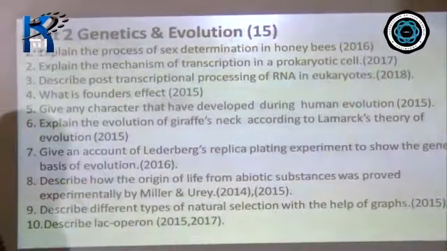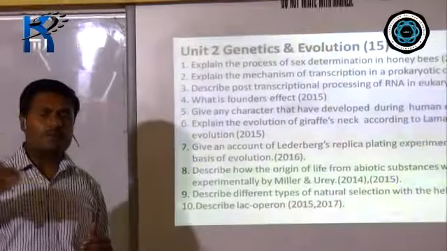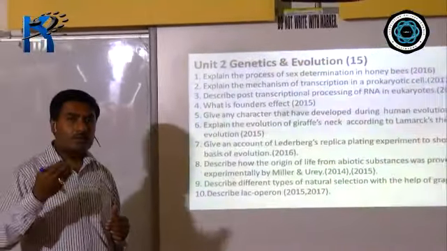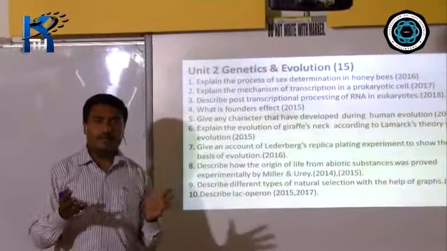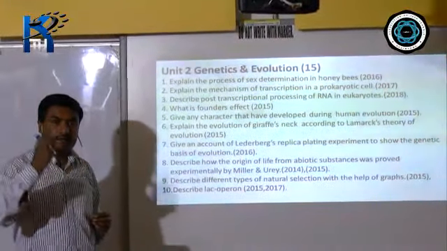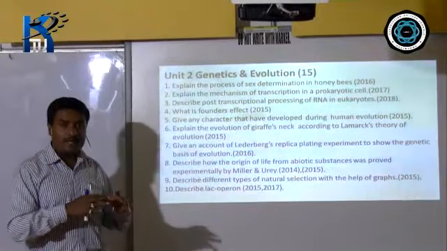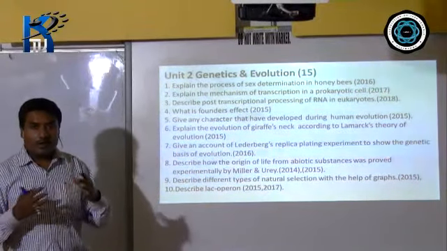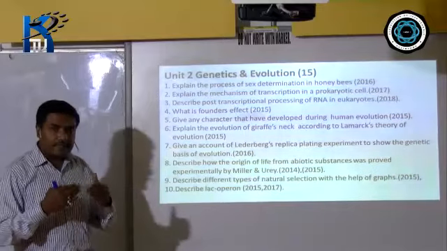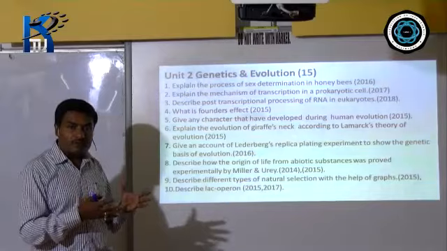Slowly, as time passed by, environmental factors and many other factors came in. There are many evidences given by scientists and research scholars regarding the elongation of the neck of a giraffe, what factors favored and what factors did not favor, and according to that there has been a certain modification in the structure of a living organism.